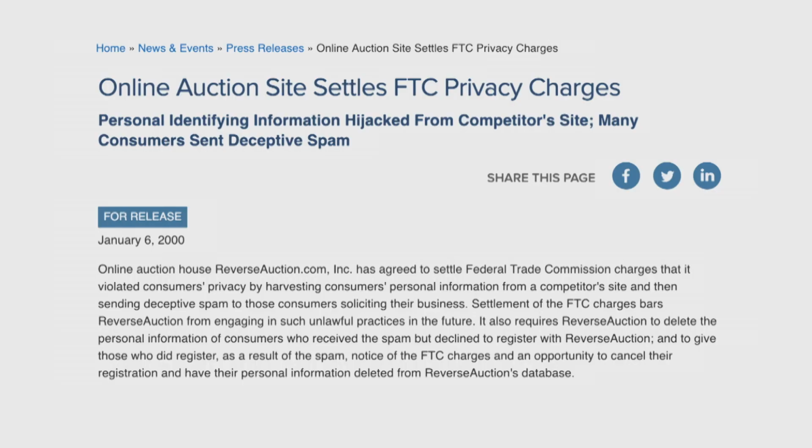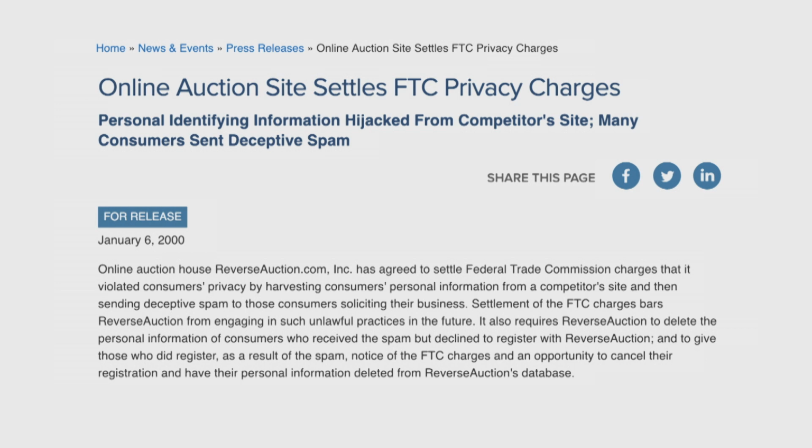And to start, I will briefly describe the facts of a case that dates from 2000 in the US. It's a case, reverseauction.com versus the Federal Trade Commission. It was generated because reverseauction.com was a player that wanted to enter the market of e-commerce.